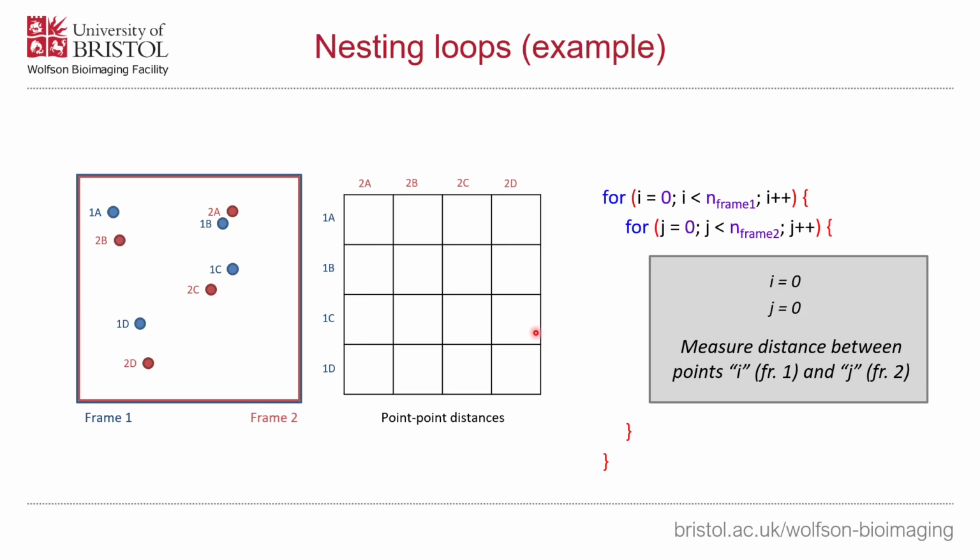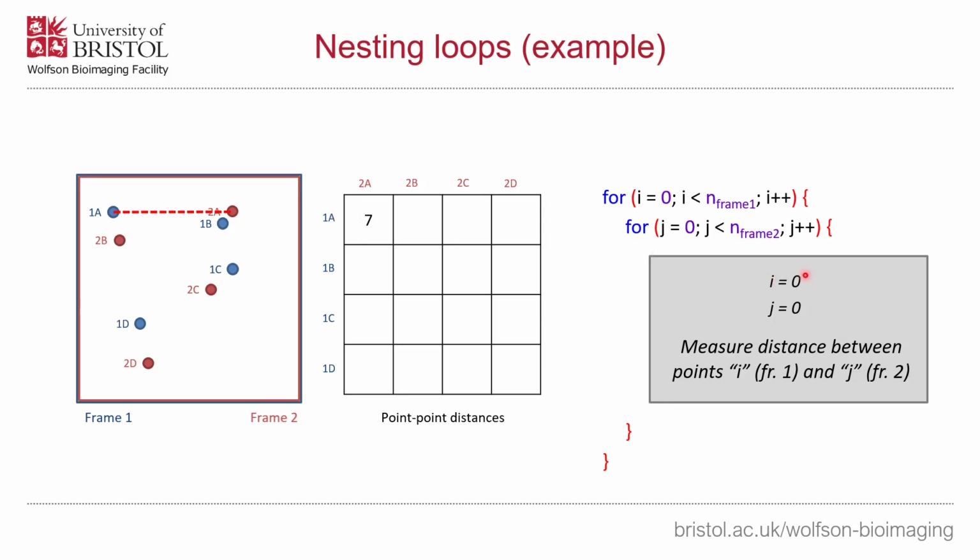So if we have a look at this in action, for that first one, in the grey box it's just a summary of what's going on. It's not the actual code. So I is equal to 0. That is what's been set there, and J is equal to 0. So we're looking at these first 2 here. So remember, indexing here starts at 0 rather than 1, just to confuse matters even further.